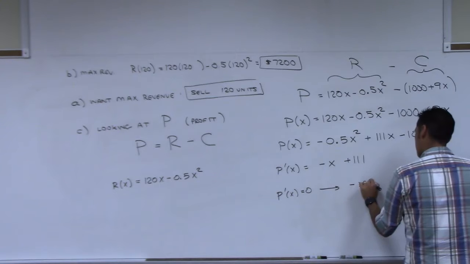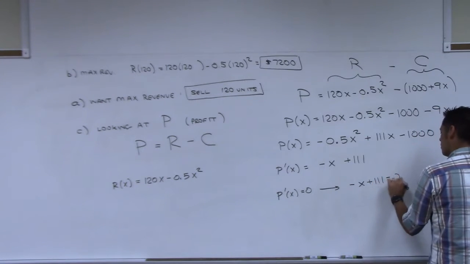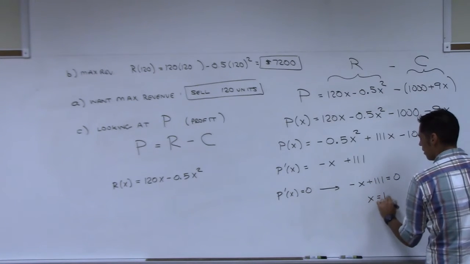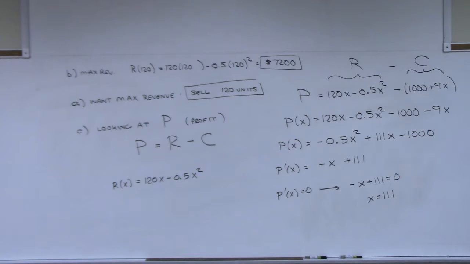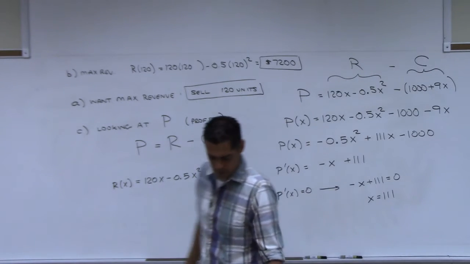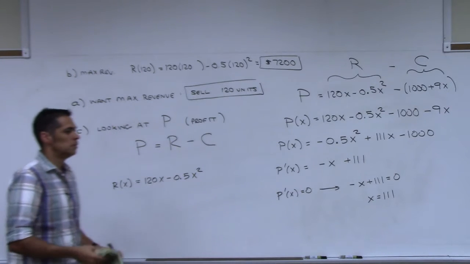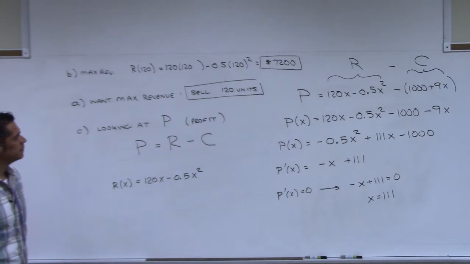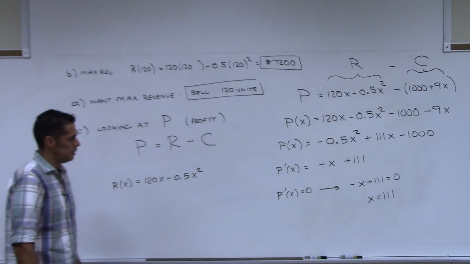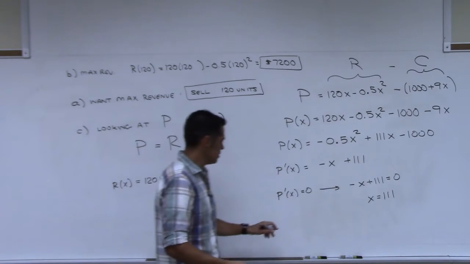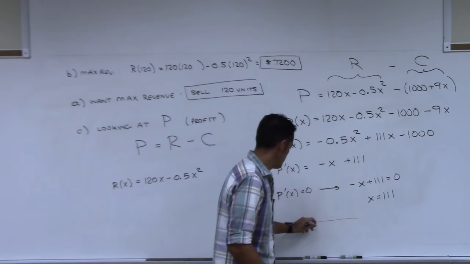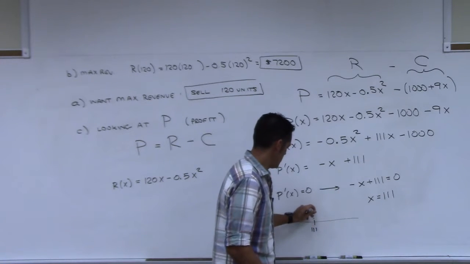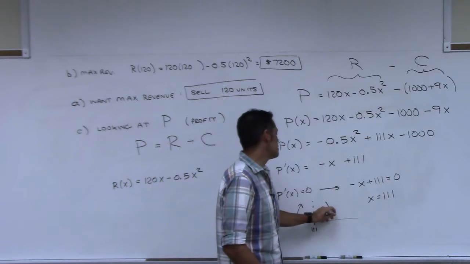That means you're going to set negative x plus 111 equal to 0, and that's a pretty straightforward answer right there again. That's x is 111. Test points, all this? I'm not even going to do it, but it goes up and down, okay?